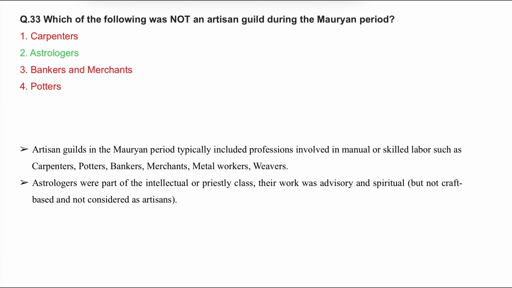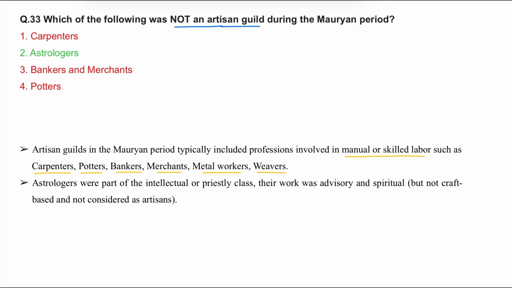Question number 33. Which of the following was not an artisan guild during the Mauryan period? Artisan guilds in the Mauryan period typically included professions involved in manual or skilled labor such as carpenters, potters, bankers, merchants, metalworkers, and weavers.